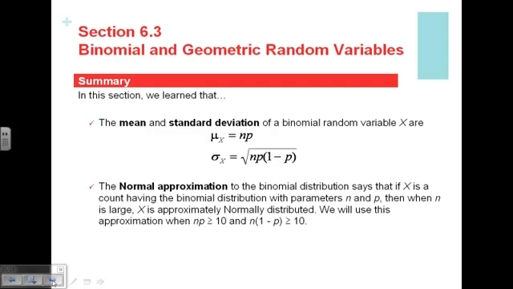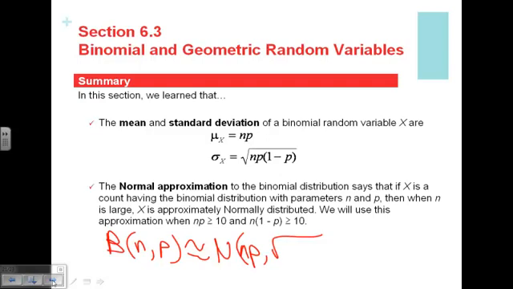The binomial distribution with n trials and p probability of success is approximately the same as a normal distribution with a mean of np and a standard deviation of the square root of np times 1 minus p. You may do that as long as you expect 10 or more failures and 10 or more successes. Sometimes that's referred to as the rule of thumb. All right?